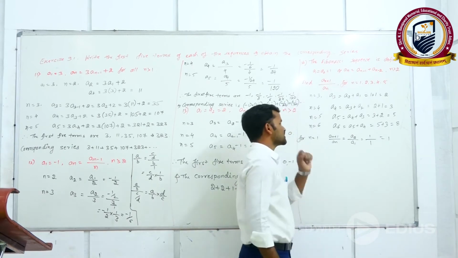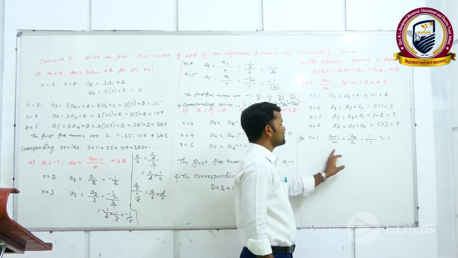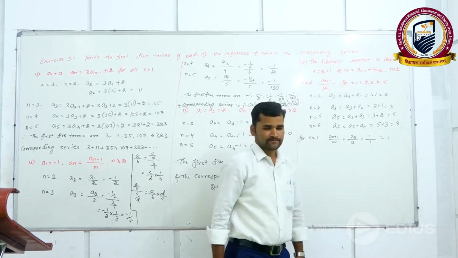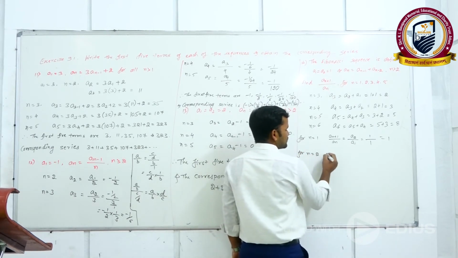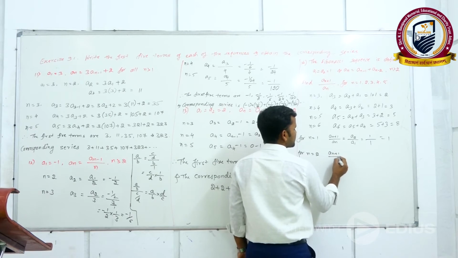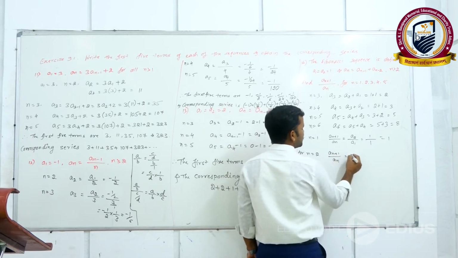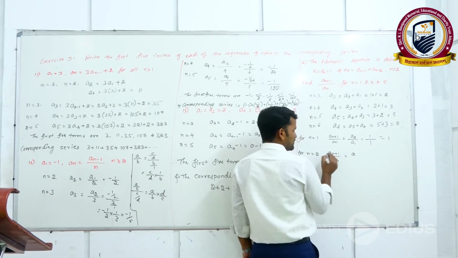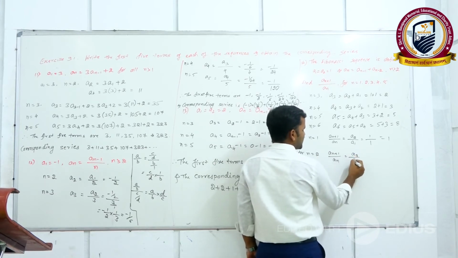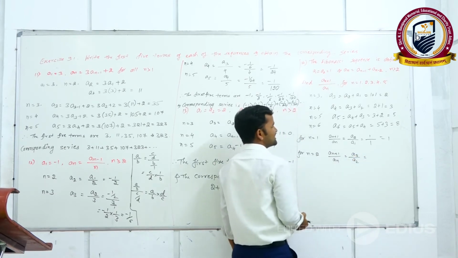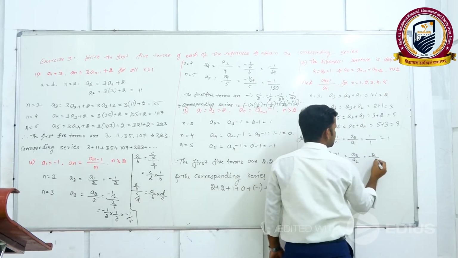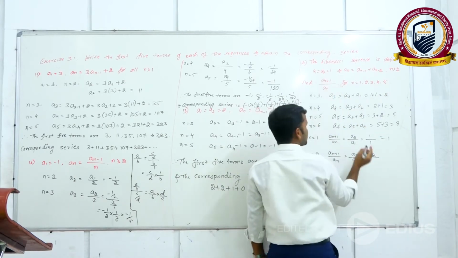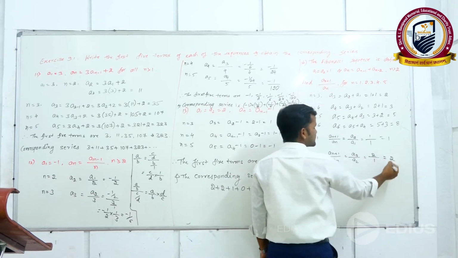So for n is equal to 1, an plus 1 by an will be 1. Next, for n is equal to 2, this term will be a3 by a2. a3 is 2, a2 is 1. 2 by 1, answer is 2.